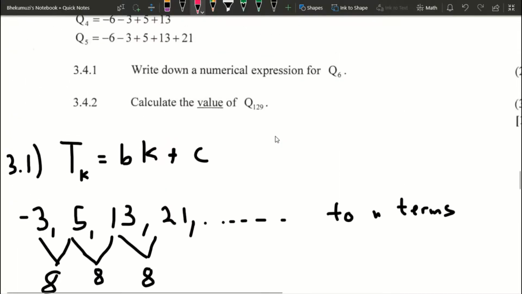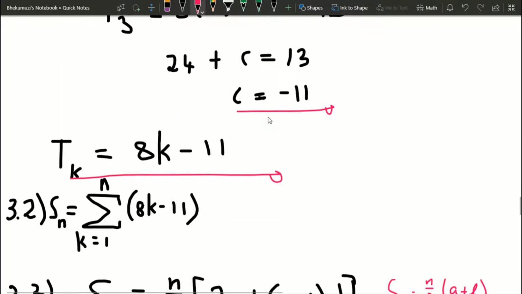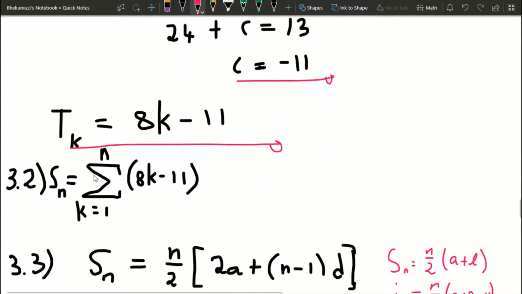And then the next question says write S_n in sigma notation. If we have to write it in sigma notation, this is the sign for sigma notation, and it is the S of n. So the n is the last number, the final number that we are looking for. So in actual fact, we put the n at the top because it is the last number, and then the bottom is k equals 1.